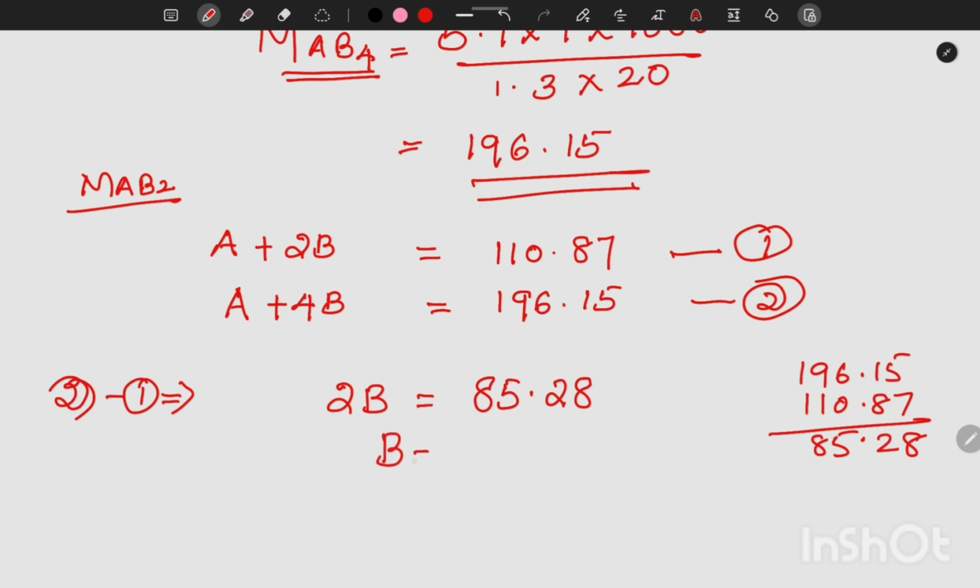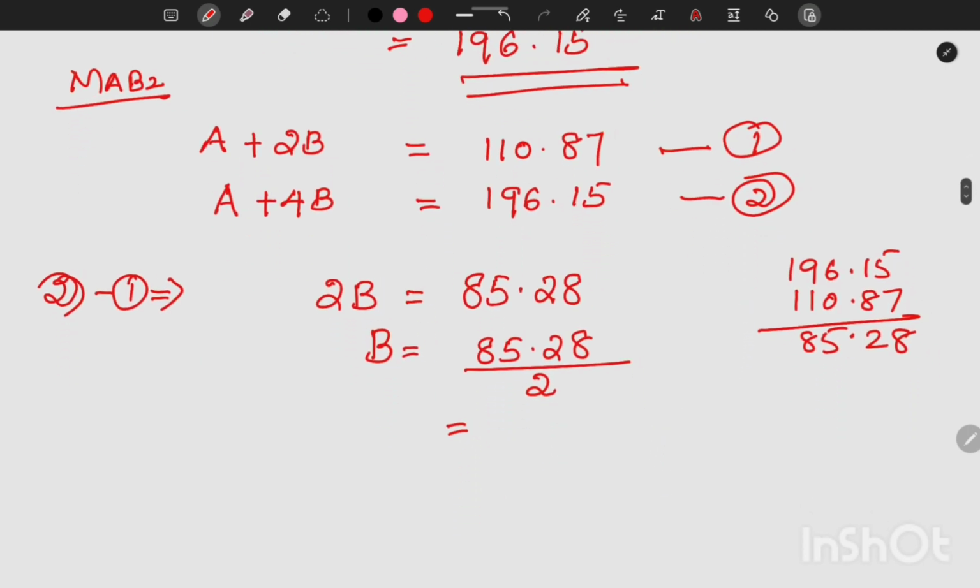So B is equal to 85.28 by 2. So we will get 42.64 U. Atomic mass of B we got.